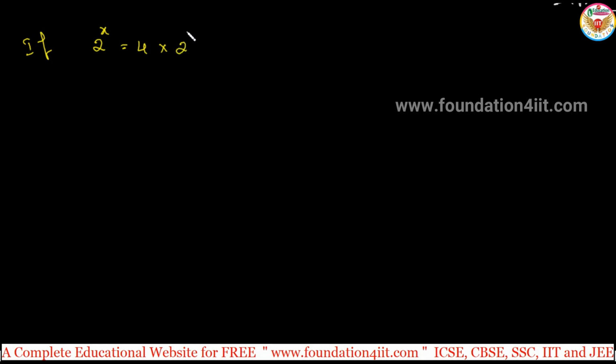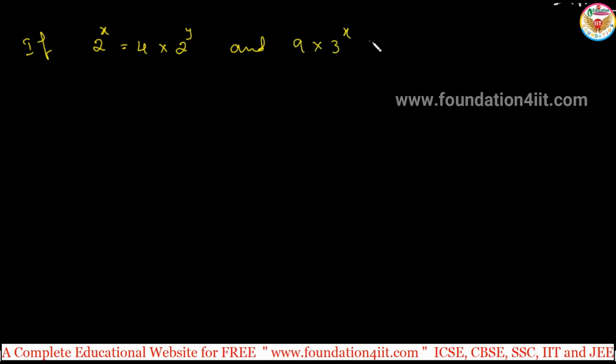Now the question is, see this problem: 2 to the power x is equal to 4 into 2 to the power y, and the second equation, 9 into 3 to the power x is equal to 3 to the power minus y.